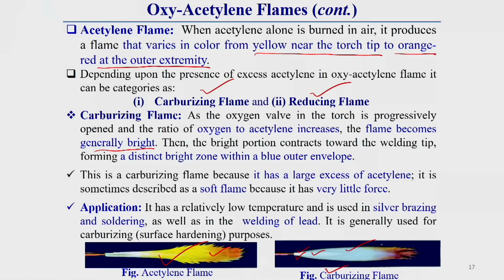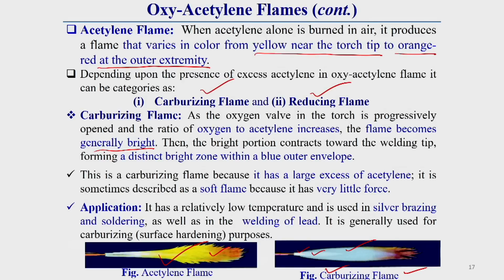Here you see the bright inner cone, and the different color and actual shape of the carburizing flame. This is a carburizing flame because it has a large excess of acetylene.